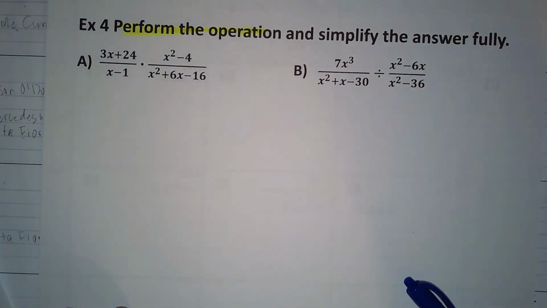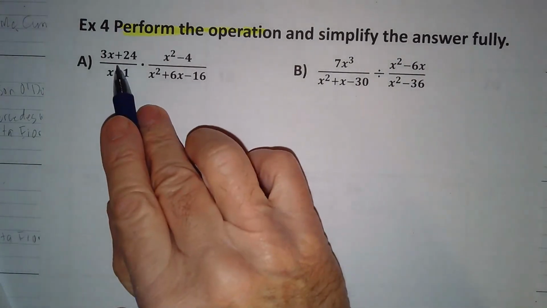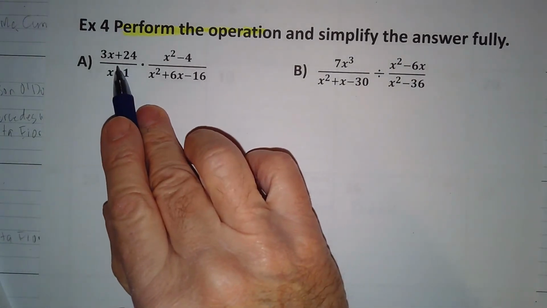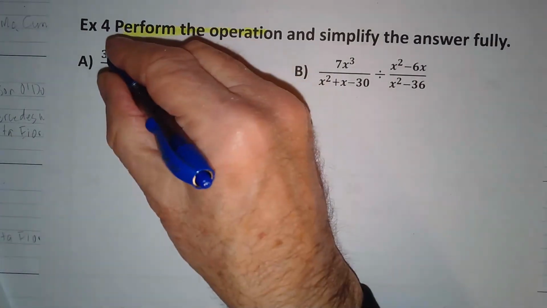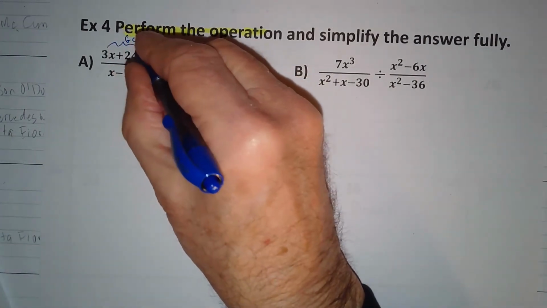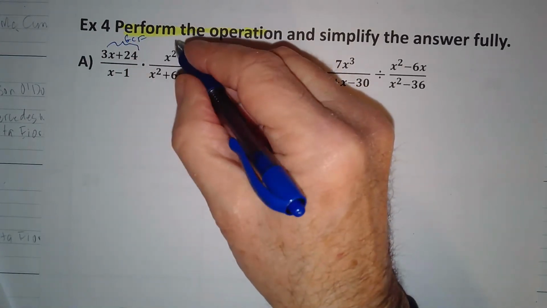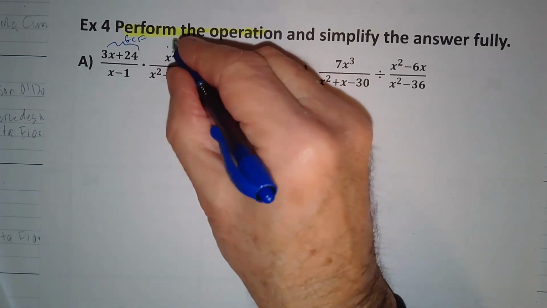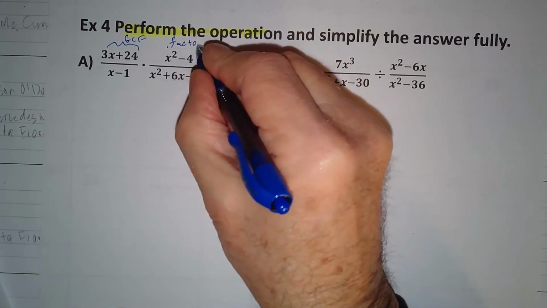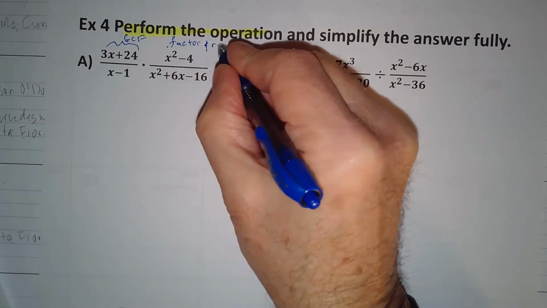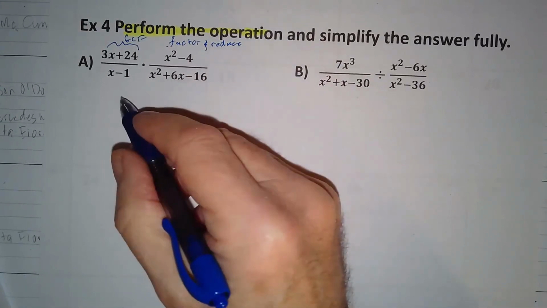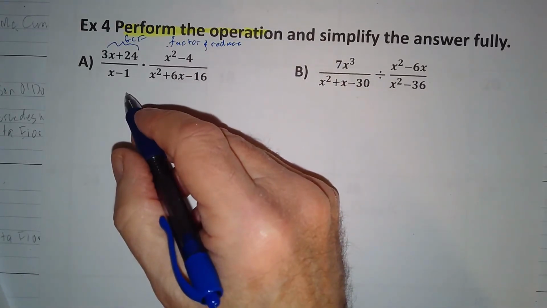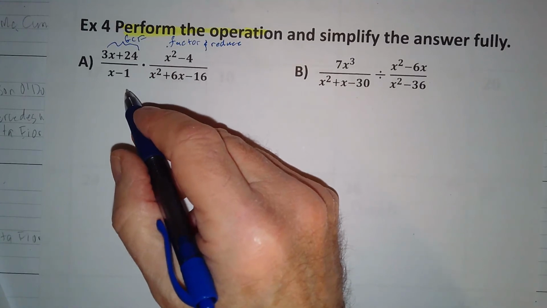Okay, so over here, before we do anything, we've got a GCF here, and over here we've got a trinomial to factor. So let's GCF this, and this one we want to factor and reduce. Let's go ahead and do that.